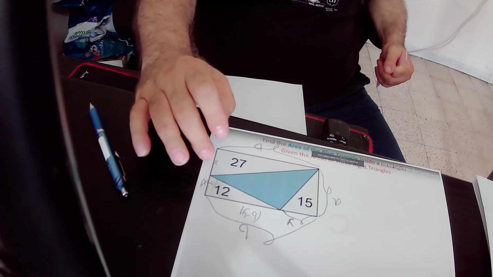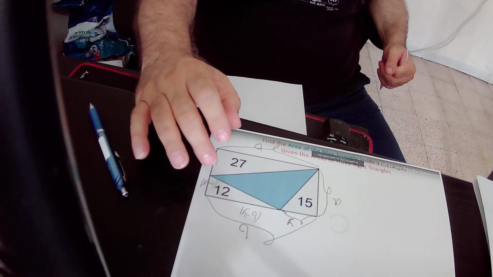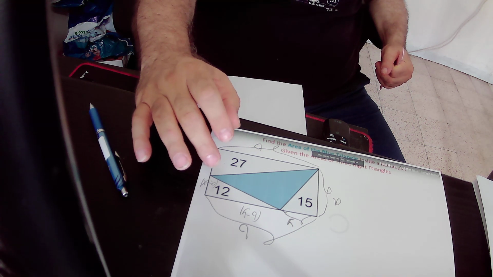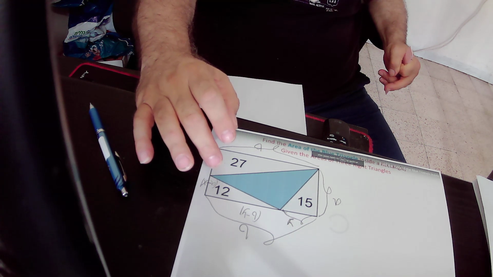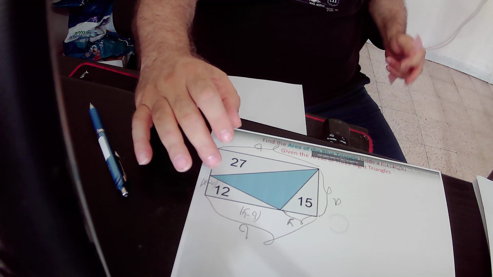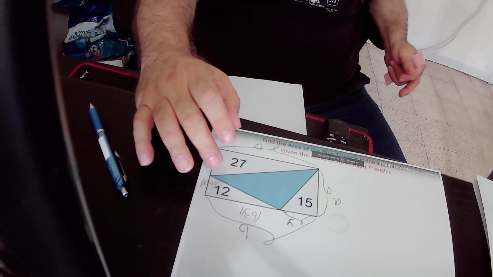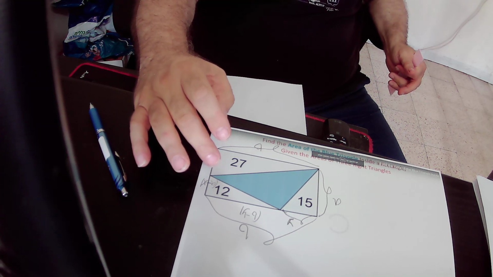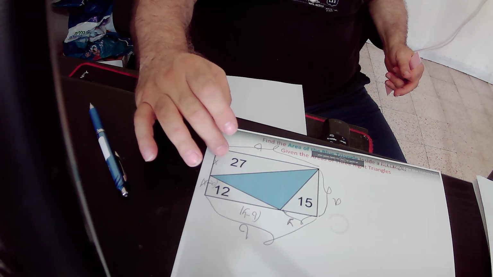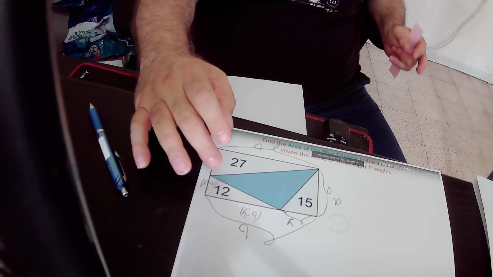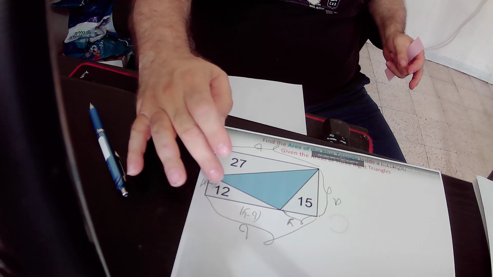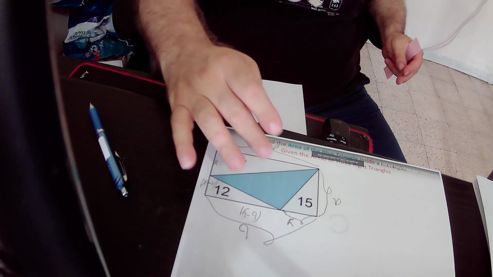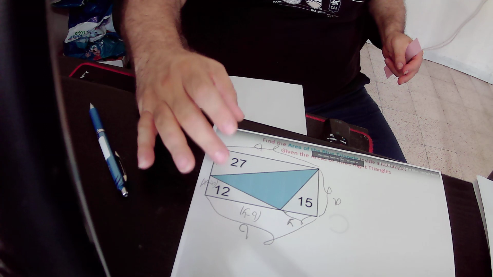The first answer was 90 units, and the second solution for a times b was 18 units, but 18 units is an incorrect answer because the area of this rectangle must be greater than 54 units. That is the sum of the areas of the three right triangles that it contains.